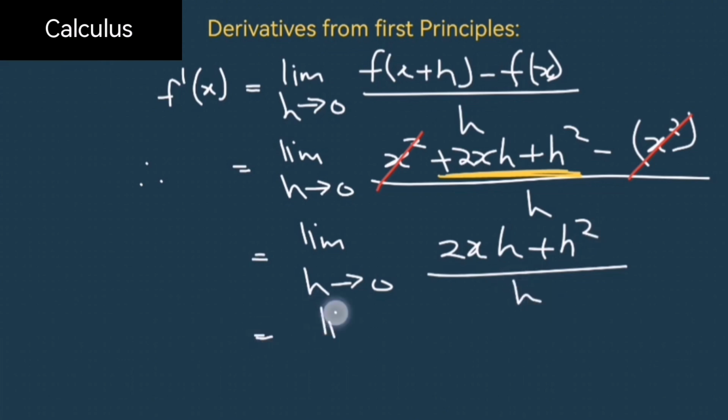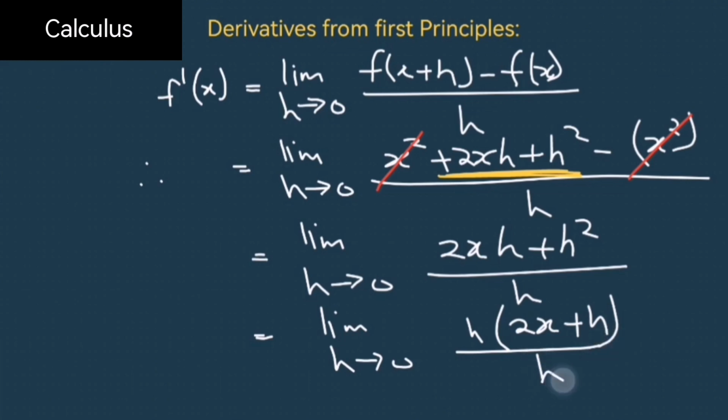We can factor out h as a common factor. Notice you'll be left with 2x plus h, and this is being also divided by h. The h on top will cancel with the h at the bottom, and you are left with 2x plus h.